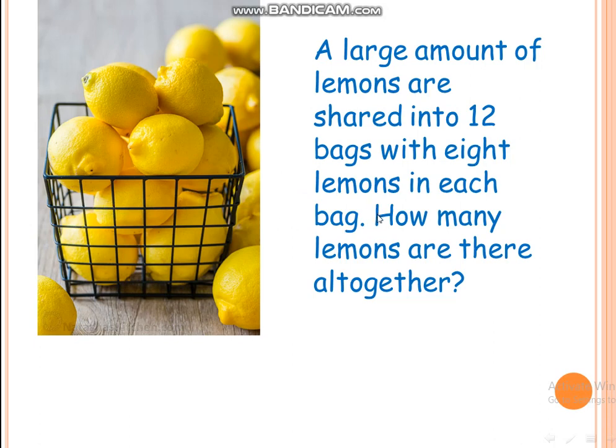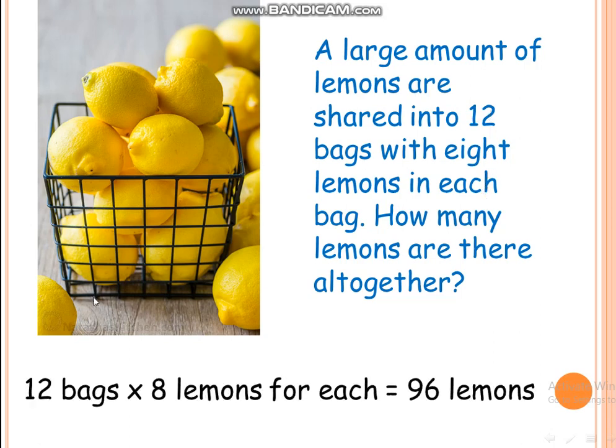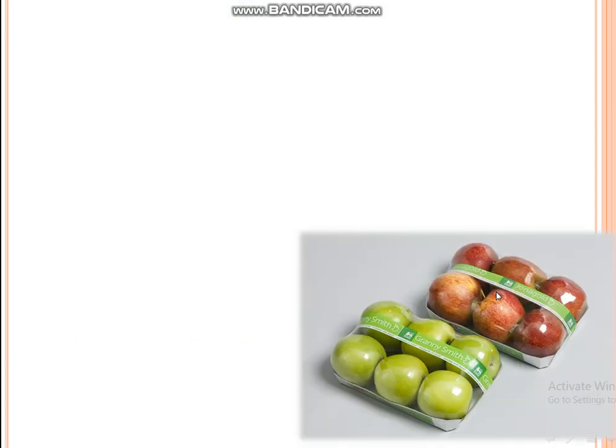So I don't need to divide here, because the question said at the end, how many lemons are there altogether? So I need to multiply. Yes, 12 bags with 8 lemons for each one. The answer is 69 lemons.